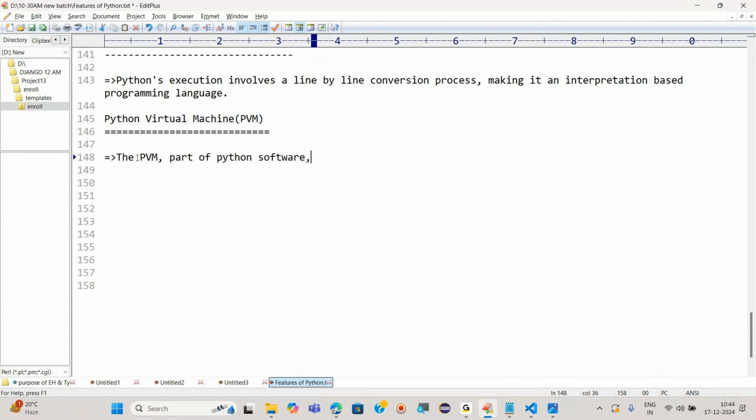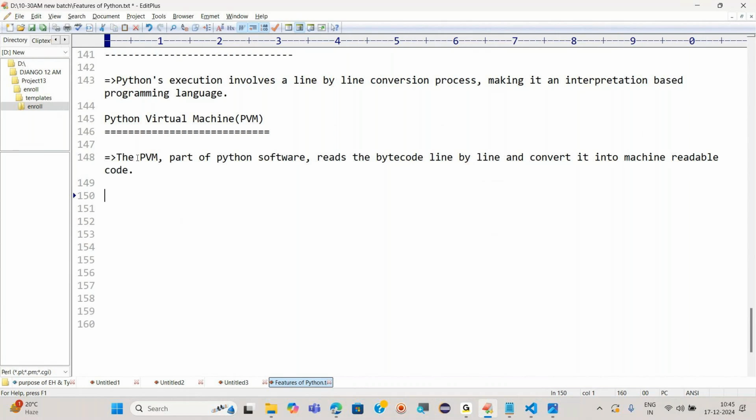It reads the bytecode line by line and converts it into machine readable code. Understood? Quite easy. That is it about the interpretation process. Clear it is?